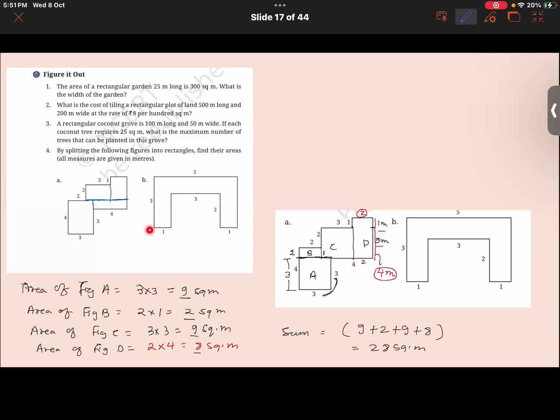Where are we going to split this? Tell me. Should we split it from here and here, like this? You are saying like that.